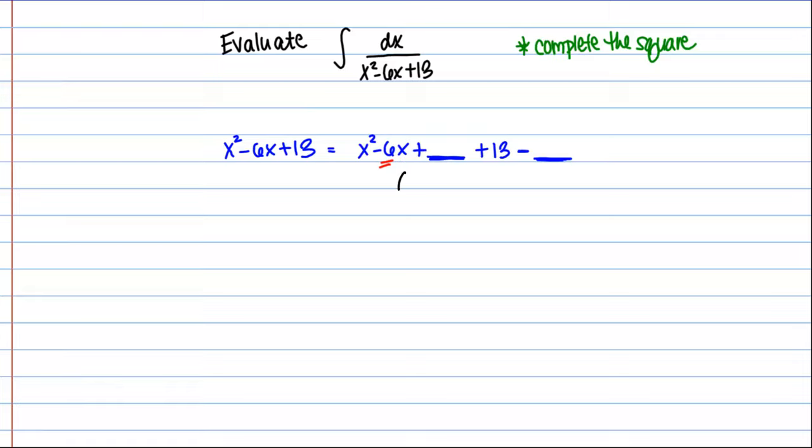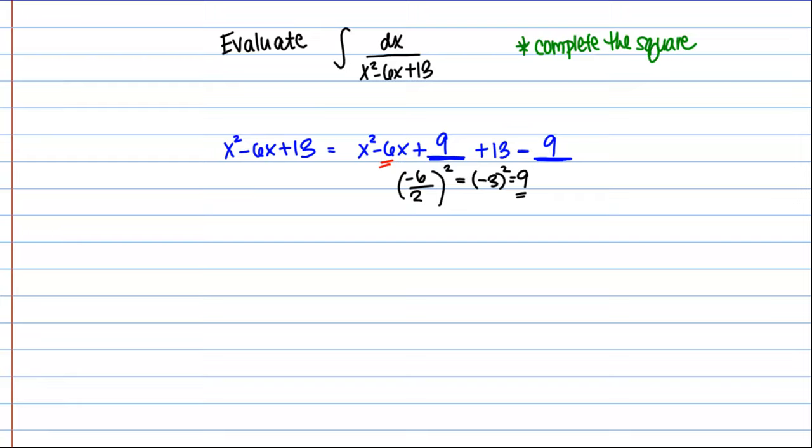So I'm going to take that negative 6 and divide it by 2, and then square that. Okay, so just take that coefficient, divide by 2, and square it. So in this case, that is going to give me negative 3 squared, which is 9. And 9 is my special number. So I'm going to add 9 here. And I'm going to subtract 9 as well, so that technically I don't change the expression.